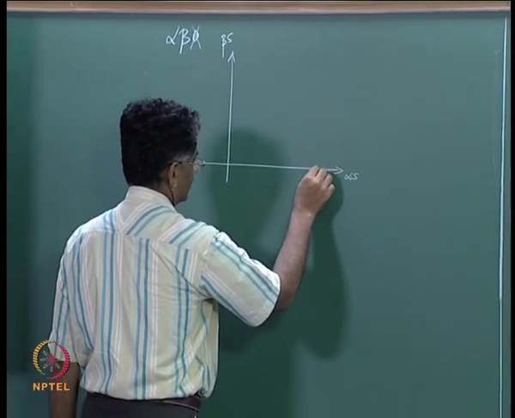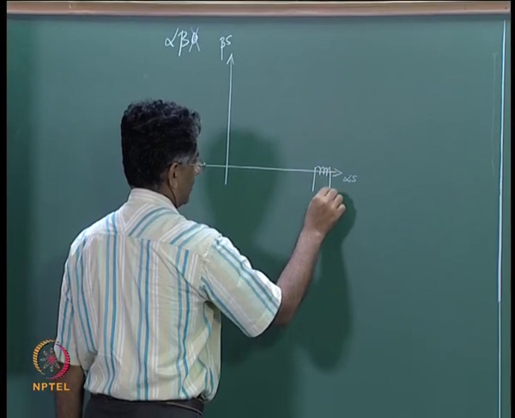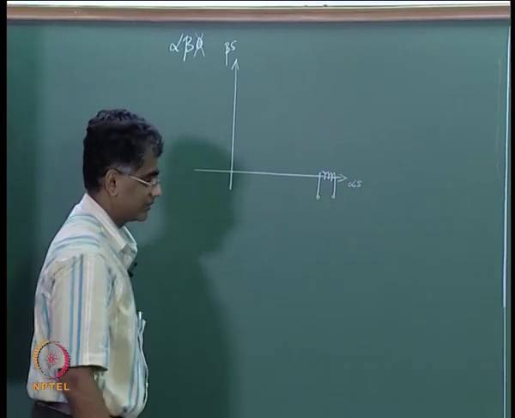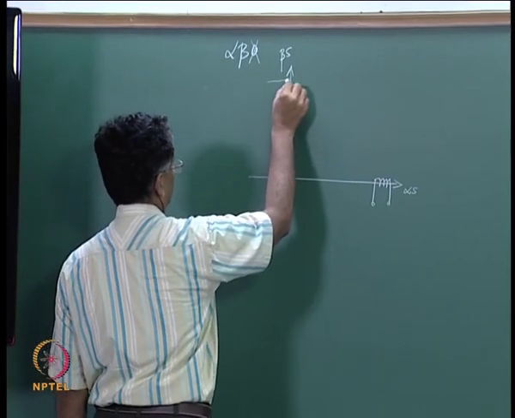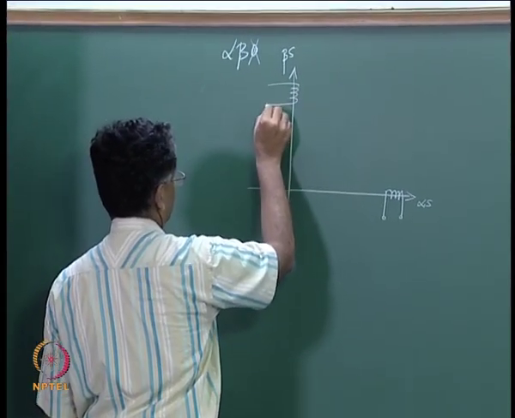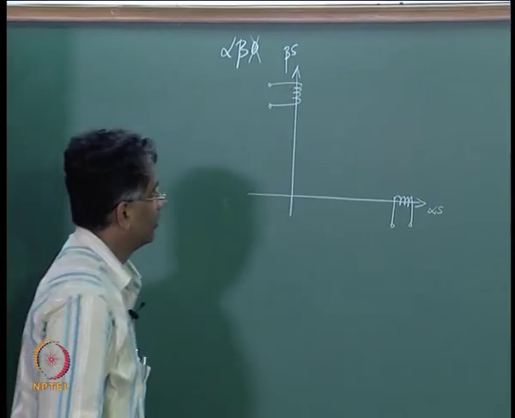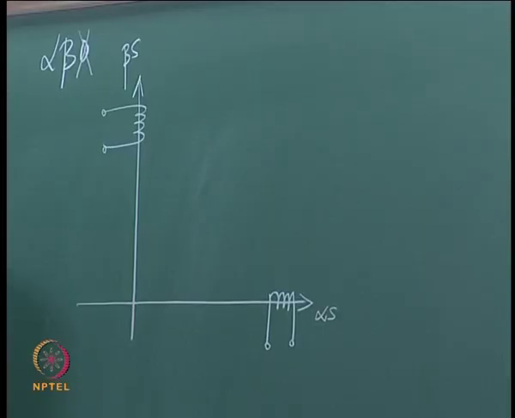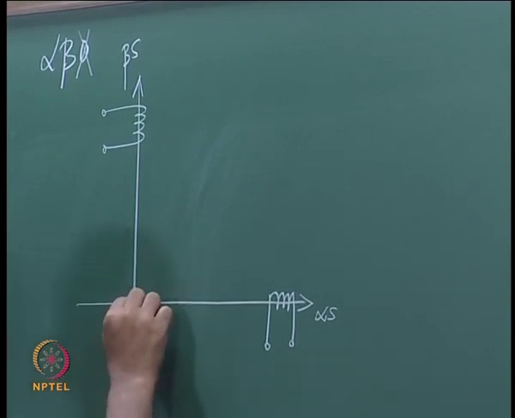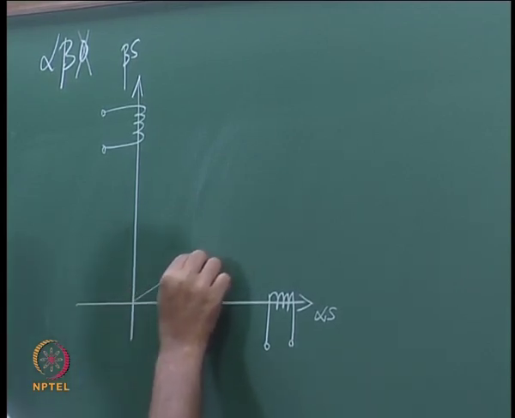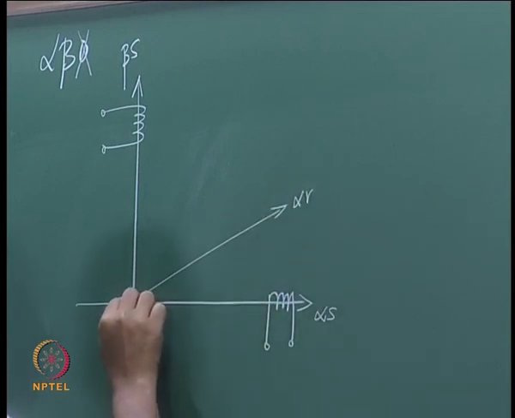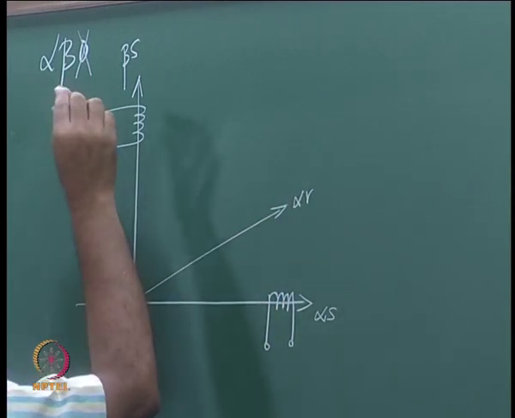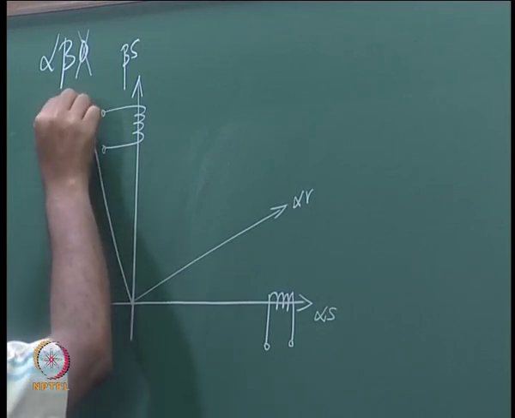The alpha s axis has an MMF oriented along its direction due to an alpha s coil, and then similarly the beta s axis has another MMF oriented along that, and we also then have an alpha r axis and then a beta r axis which is at 90 degrees to that.